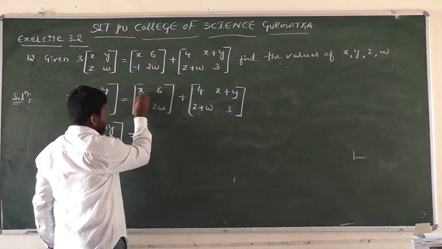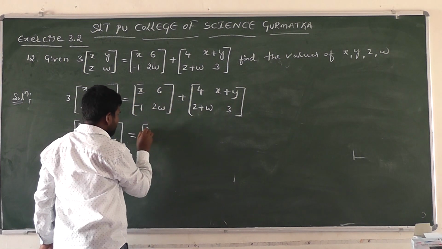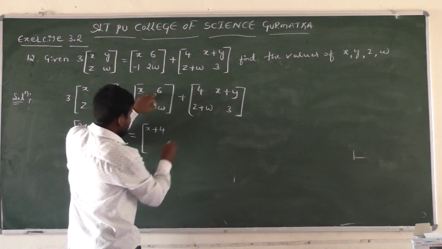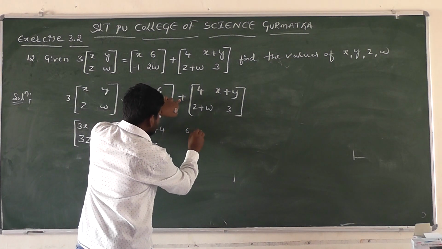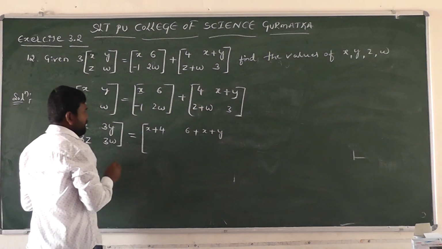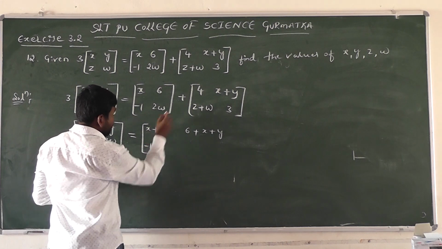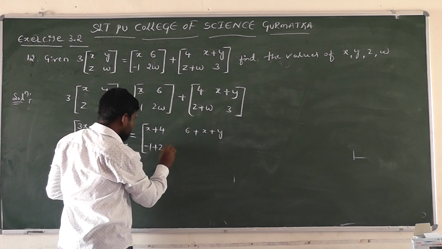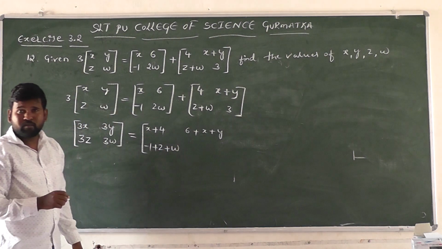X of the first matrix with the corresponding element of the second matrix is 4, so x plus 4. Next, 6 plus x plus y. Next, minus 1 plus z plus w.